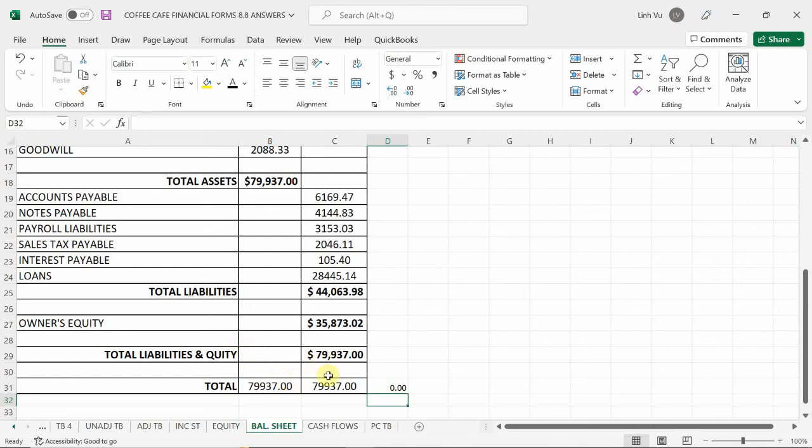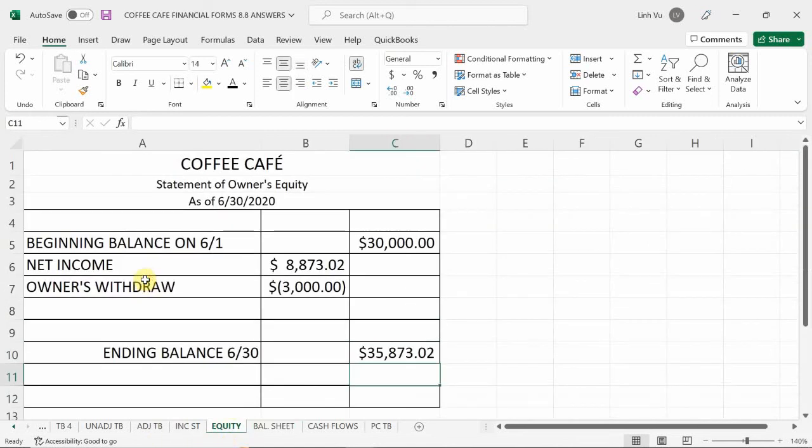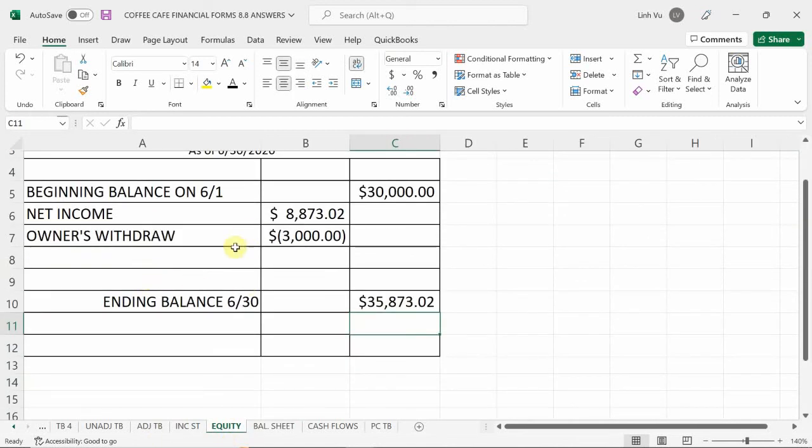The net income. I already calculated my net income from the very beginning, so I need to subtract that out. I'm going to go to my statement of equity. In order to get to that $35,000, I added my net income, which I already included in the very beginning of my statement of cash flow. So I need to take that out.